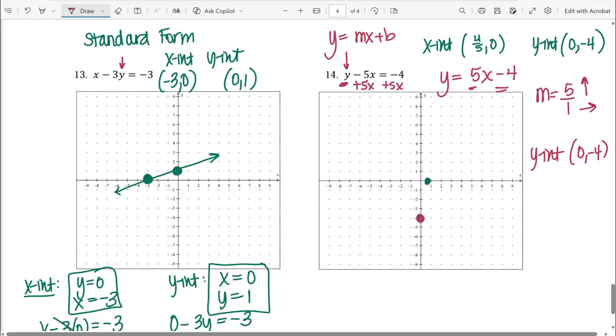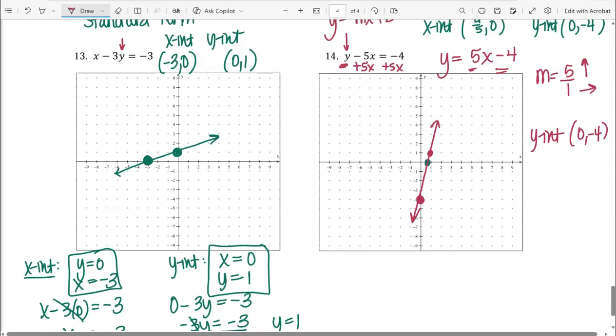So if I had gone this route, from my negative 4, I would have gone up 5, right 1. Notice those are all still in line. So I just wanted to take a chance to show you that other option. Although I warn you, it is not always the easiest option to try and transform from standard into slope intercept.